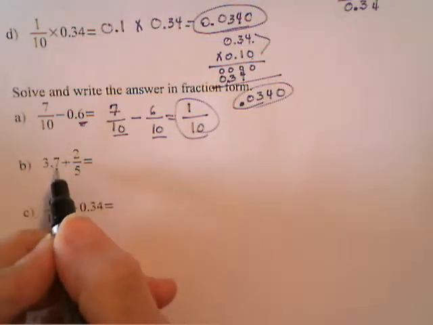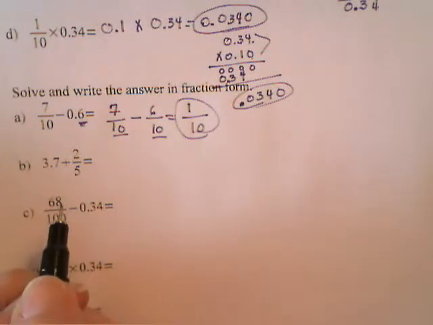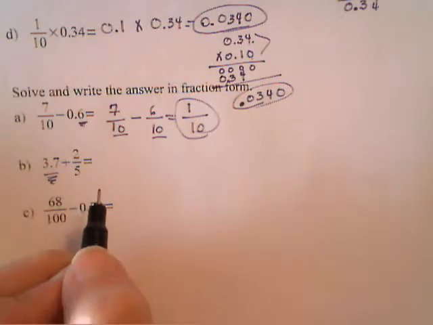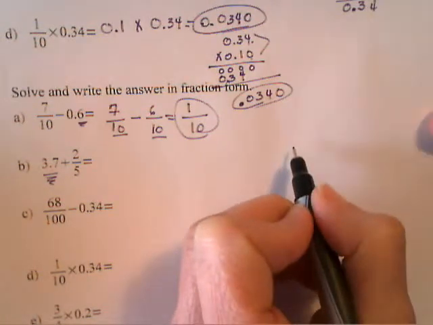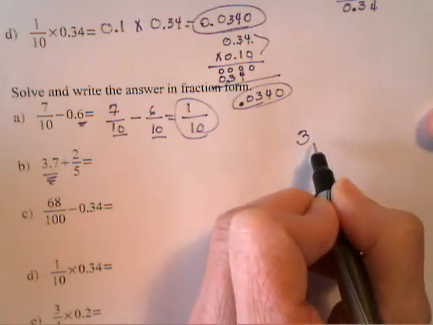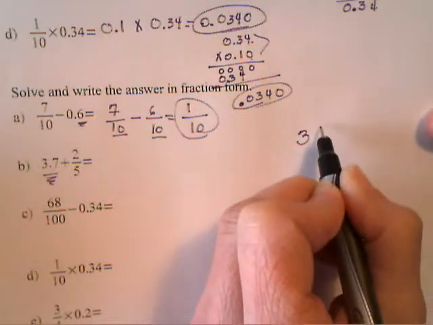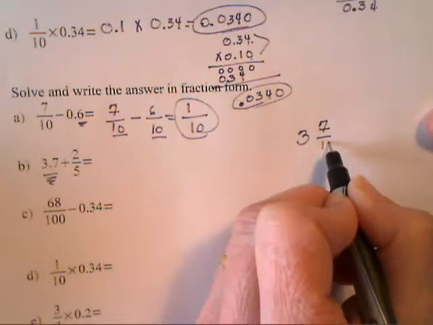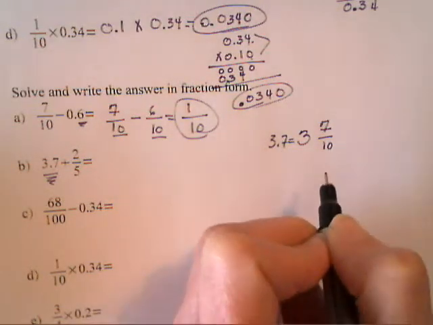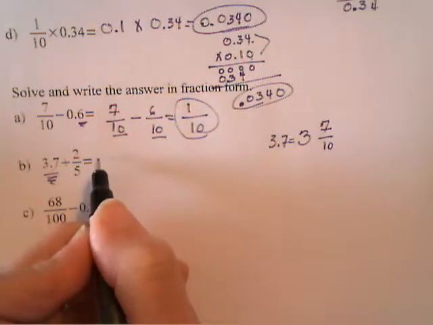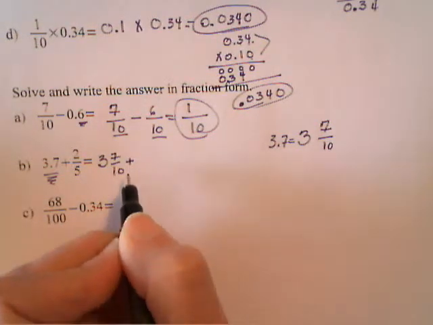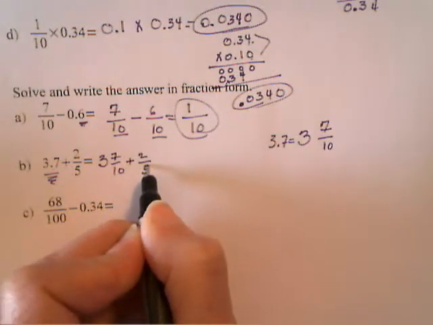All right, now we've got 3.7 plus 2/5. Well, this 3.7 is not in fractional form. So let's come over here and figure out what that's going to be. Well, 3 and 7/10 is just 3 wholes, and then we have 7 over 10. So 3.7 equals 3 and 7/10. So I'm going to be adding 3 and 7/10 plus 2/5.